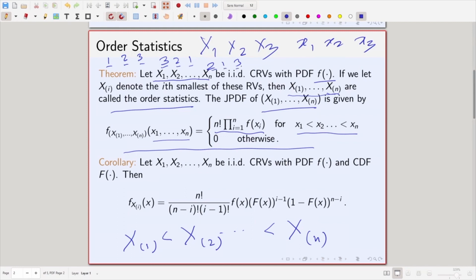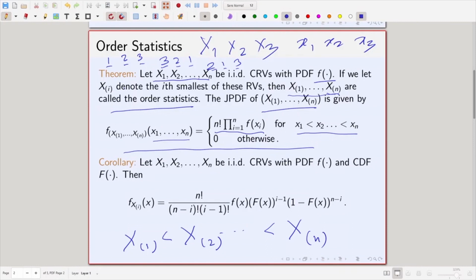But if you look at X(1), then it is the same. What I am saying is, if I give you n numbers, then for all possible n factorial permutations of those n numbers, if I just order them, they will give me the same ordering. Just like this, 1, 2, 3, 3, 2, 1, 2, 1, 3. If I look at it as a 3-tuple, then these are different.